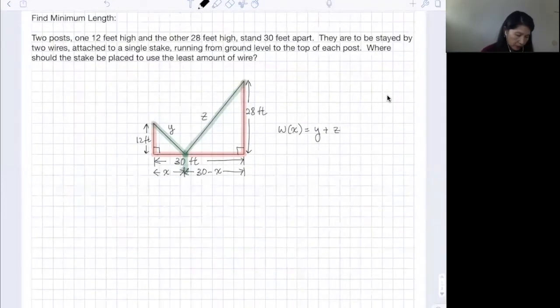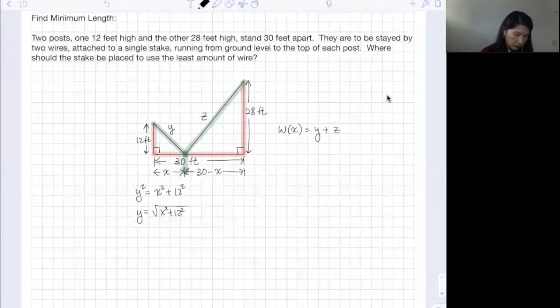So let's set up our Pythagorean equations. We have that Y squared is equal to X squared plus 12 squared, which gives us Y is equal to the square root of X squared plus 12 squared. So this is our first expression for Y.